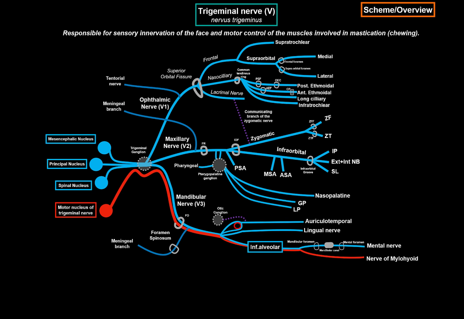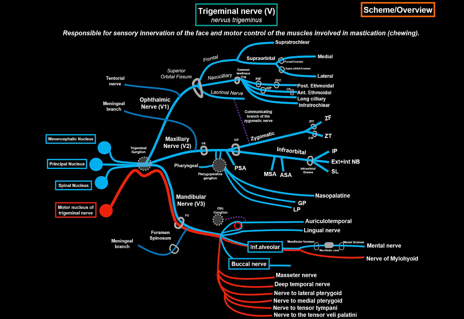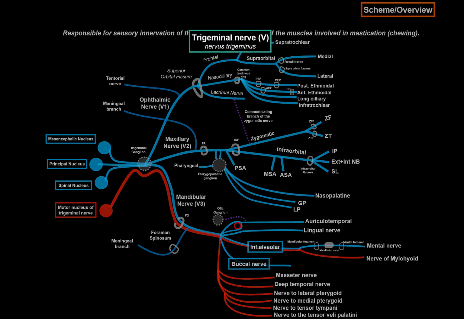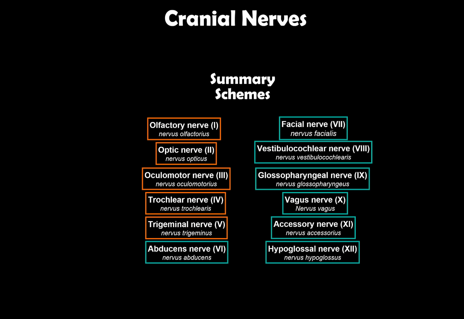The nerve then passes the mental foramen to terminate on the face and innervate the lower lips, now called the mental nerve. Then we have a buccal nerve, which innervates the skin of the cheeks and the buccal mucosa. And then we got all these muscular branches responsible for different functions, primarily mastication. So that is the scheme for the trigeminal nerve.